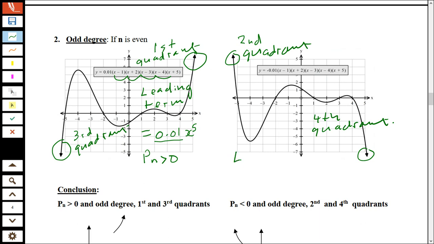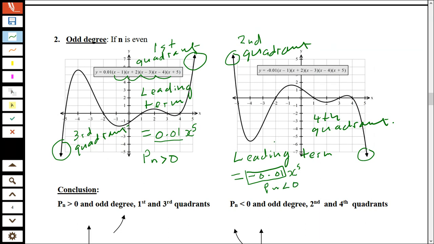Now what about the leading term? The leading term, what's that equal to? We've got minus 0.01. Now if you multiply all the x's out, 1, 2, 3, 4, 5, you're going to have x to the 5 again. Okay, notice that the leading coefficient is negative, right? Pn less than 0.